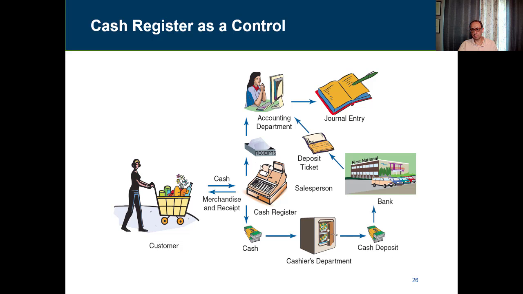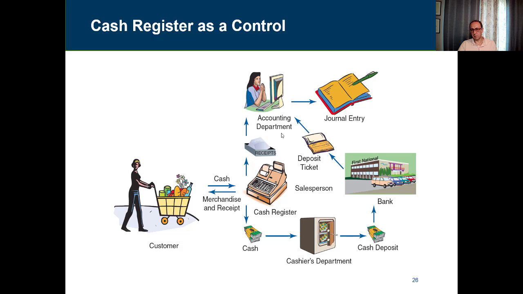At the same time, all receipts issued by the cash register are sent to the accounting department. The accounting department matches these receipts with the deposit ticket that was issued by the bank when the cash deposit was made by the cashier's department.